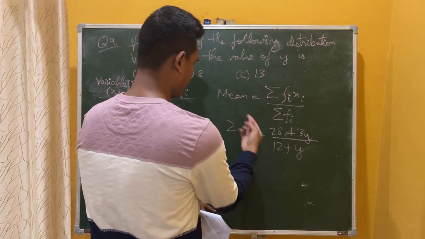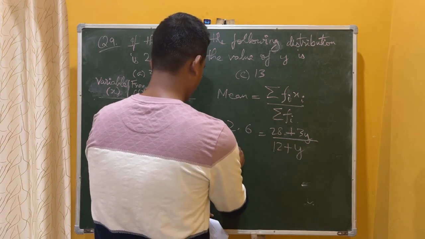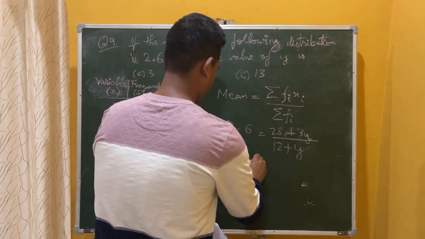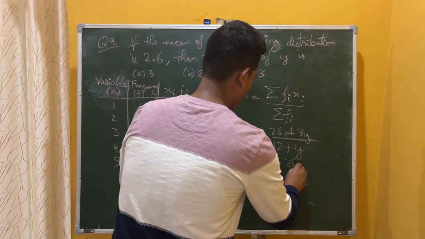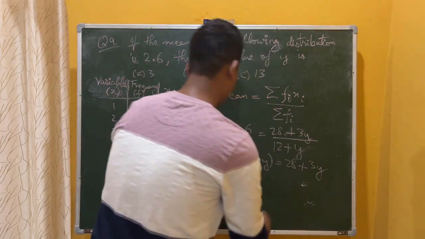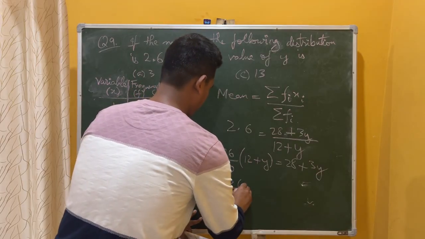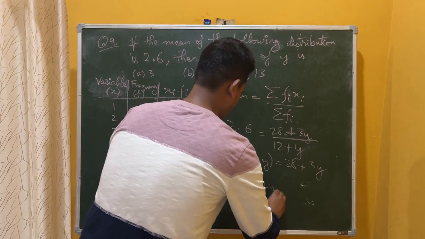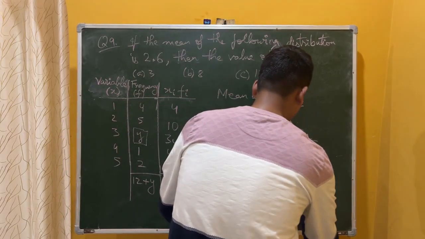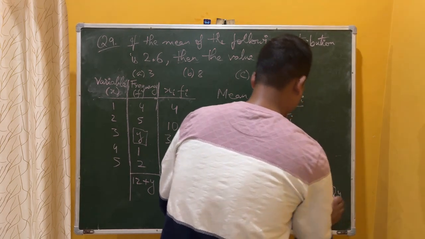We can write 2.6 as 26 upon 10. If you multiply this by 10, it's going to be 280 plus 30y.